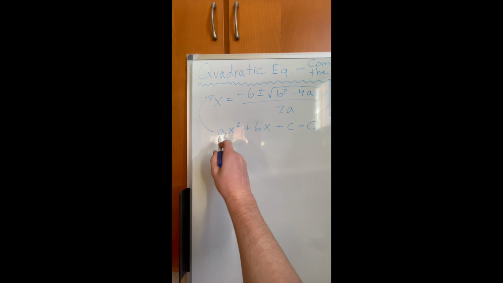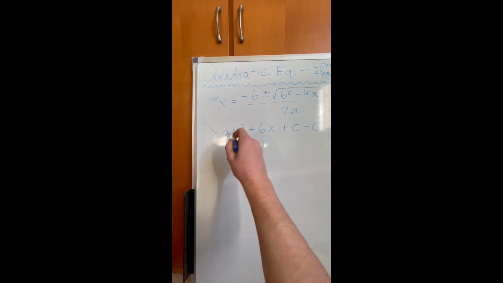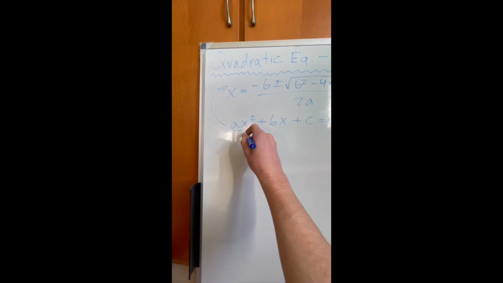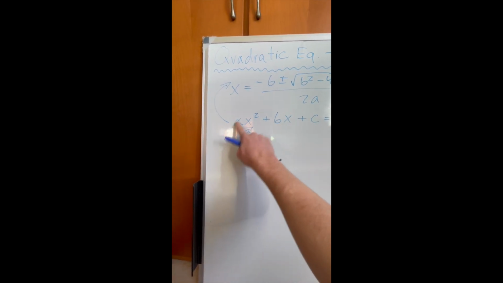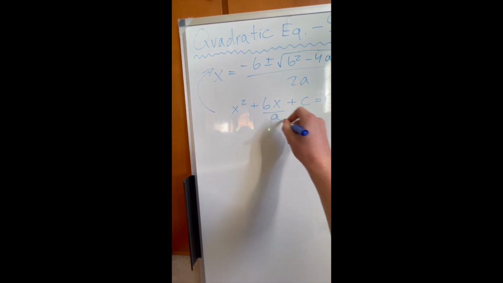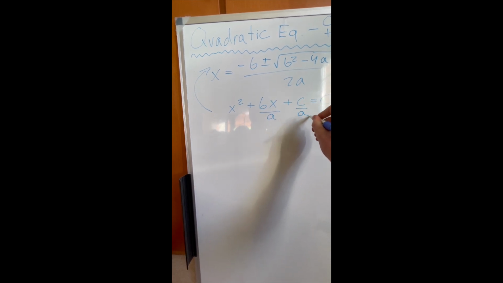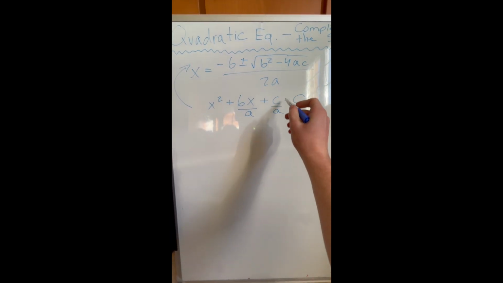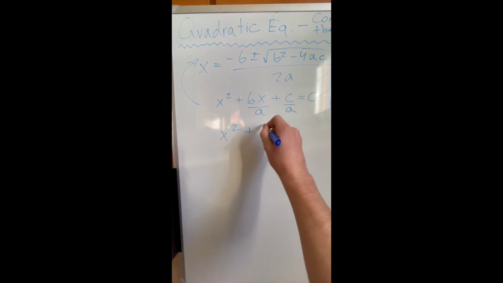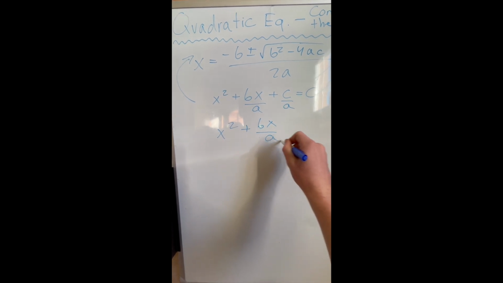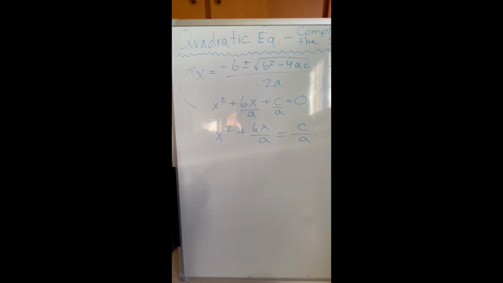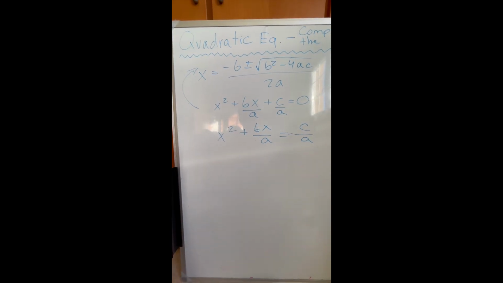What you must first do is divide everything by a to get rid of this coefficient. So a divided by a just cancels, so this stays like so. x squared plus bx over a plus c over a. Now you move the constant to the other side. x squared plus bx over a is equal to negative c over a.